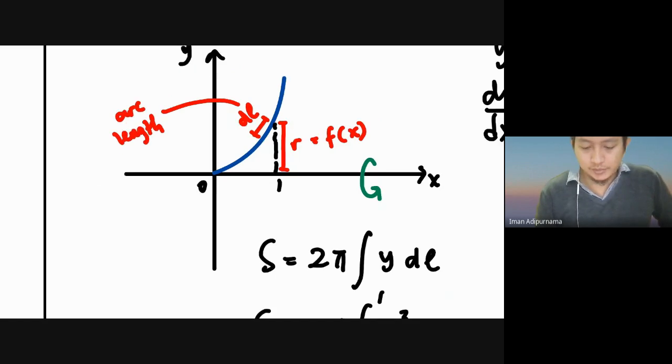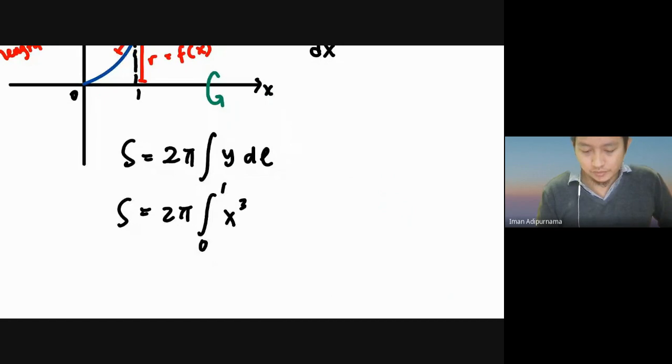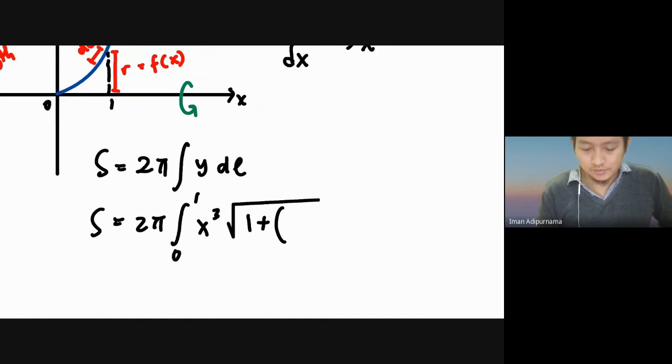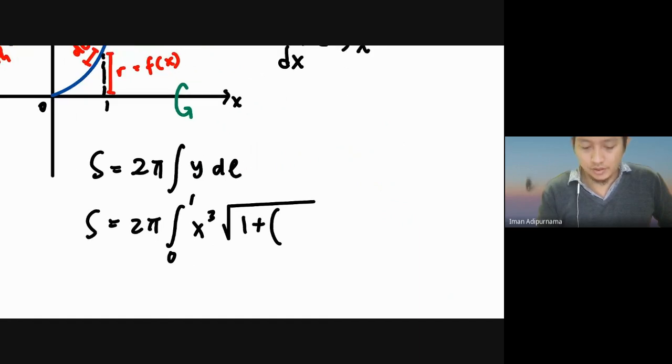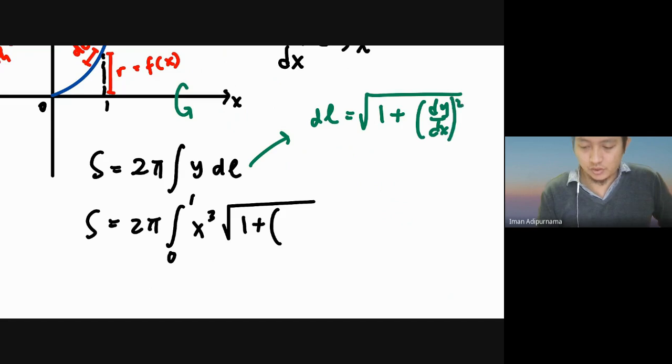So arc length in terms of dx means that we have the square root of 1 plus dy over dx, or let me write to make you remember, 1 plus dy over dx squared, dx.